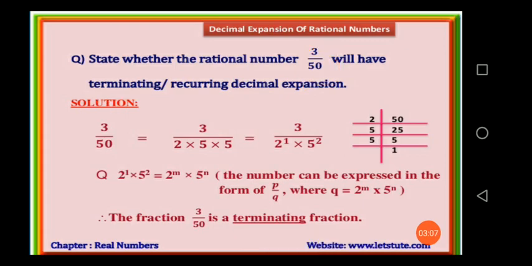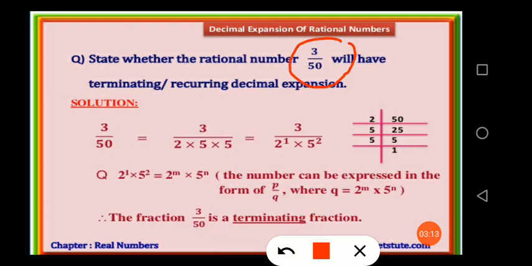So first of all, we look at the number. The number is 3 by 50 and this number is in standard form. We cannot further simplify it.